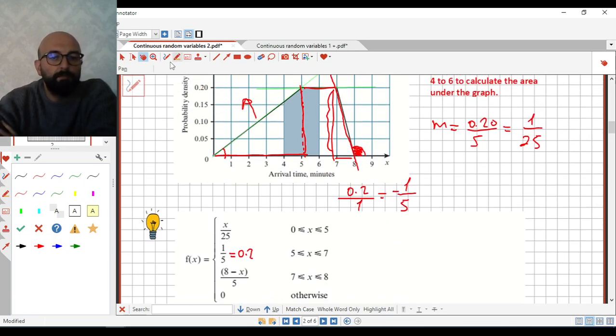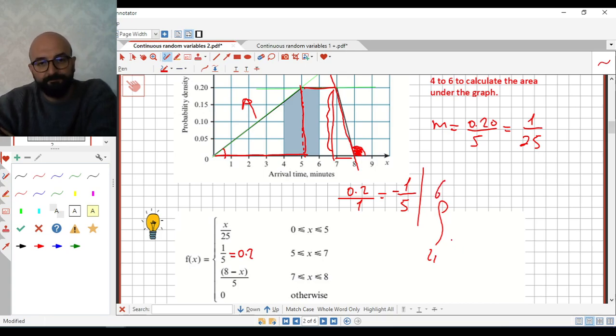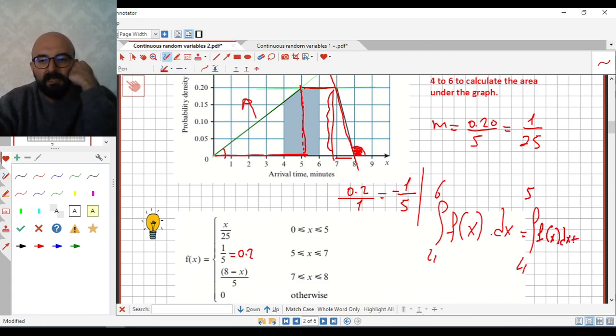If you want to compute the area by using integration, we should use this formula: integration from 4 to 6 of the probability density function multiplied by dx. It equals the integral from 4 to 5 of f(x) dx plus the integral from 5 to 6 of f(x) dx.